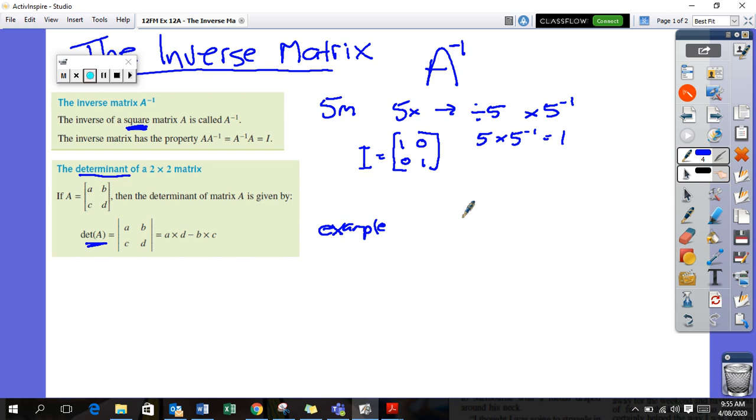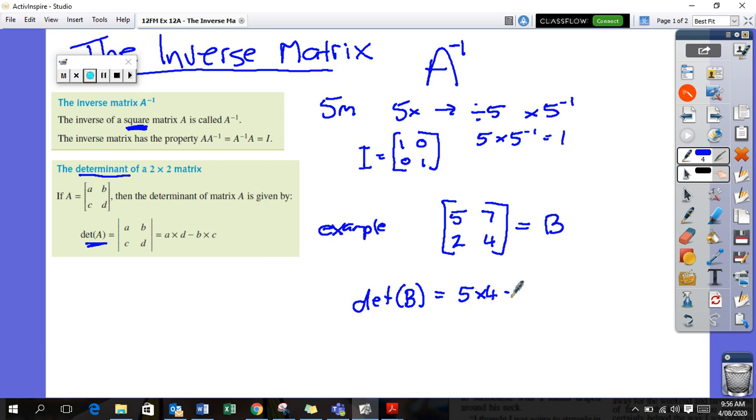So if we've got an example, if we had the matrix, I'll just make one up, it won't be a nice neat answer, but that's fine. So 5, 7, 2 and 4, so that's our matrix. So A is 5, B is 7, C is 2 and D is 4, and we're going to call that matrix B. Then the determinant of B is going to be 5 times 4 minus 2 times 7, or 7 times 2.